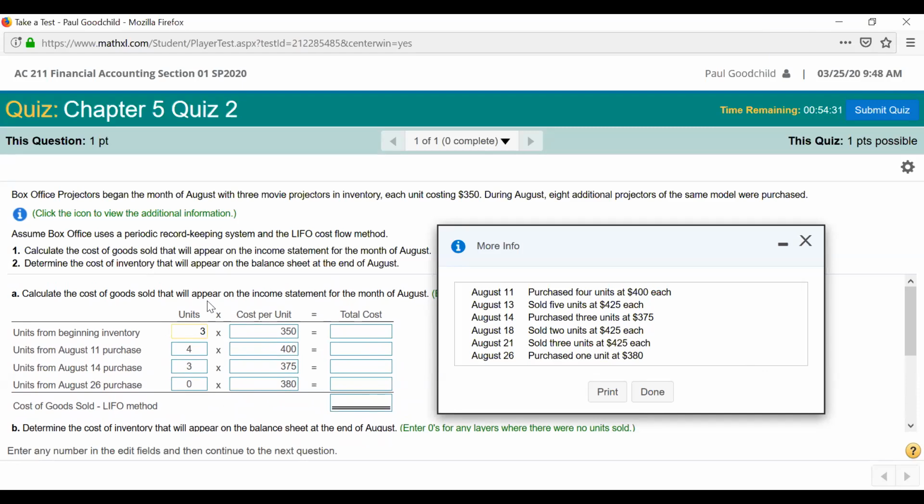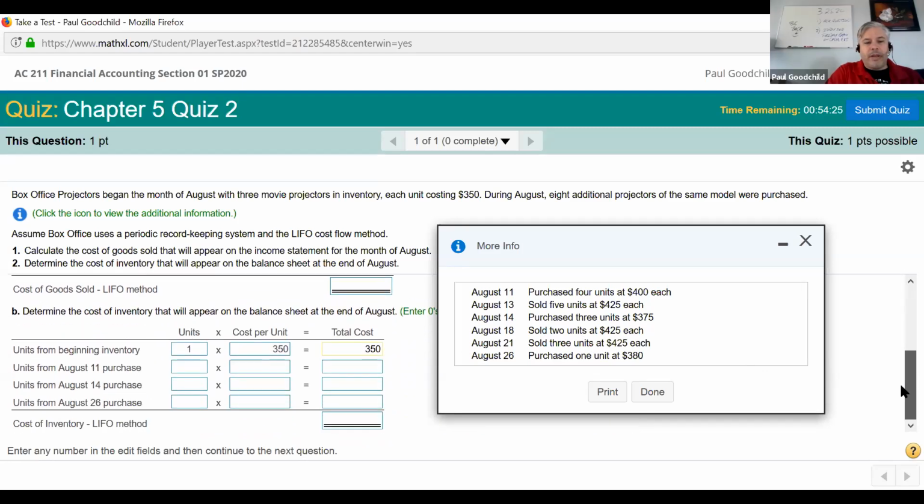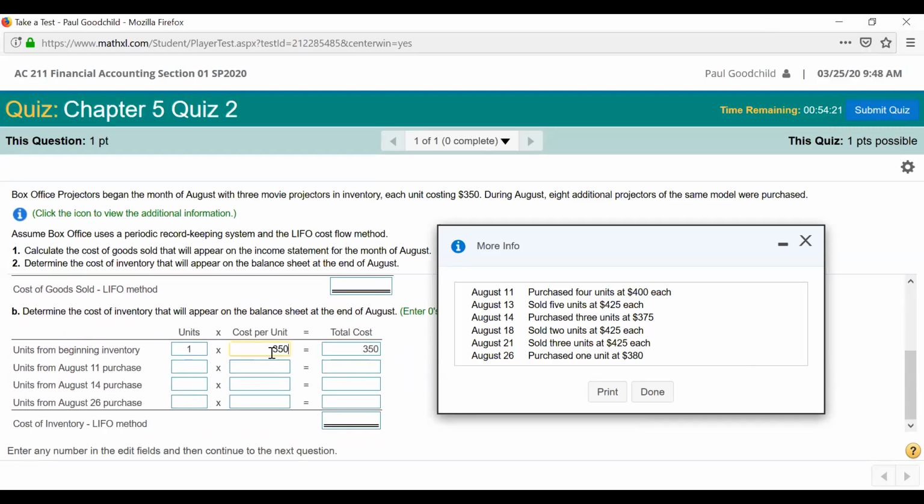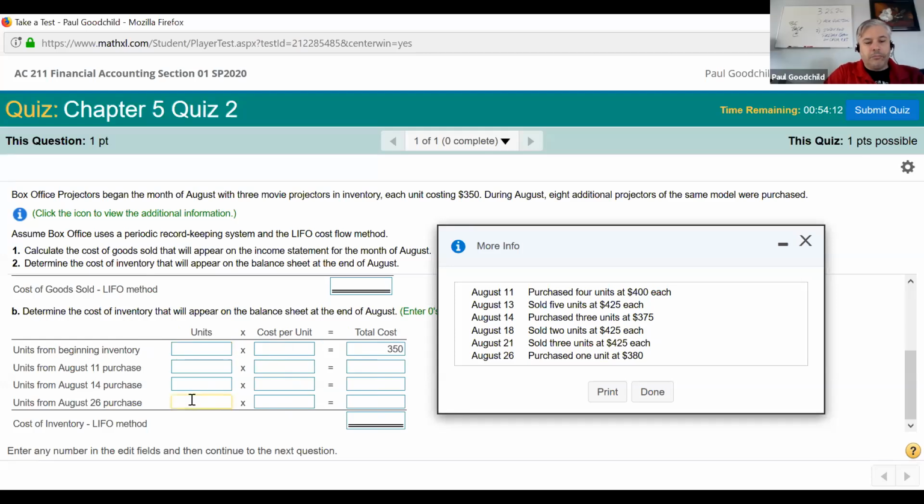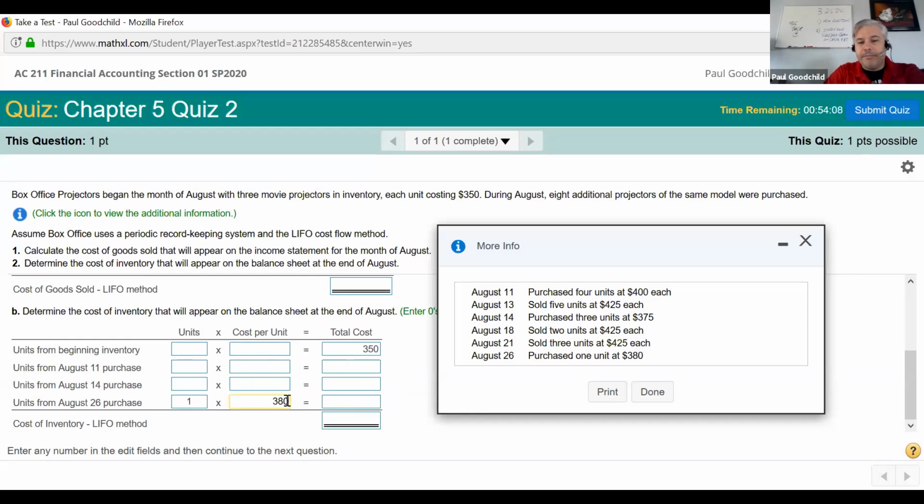All right, fair. And then on the bottom, that one would move to the bottom. And it would be the 380.